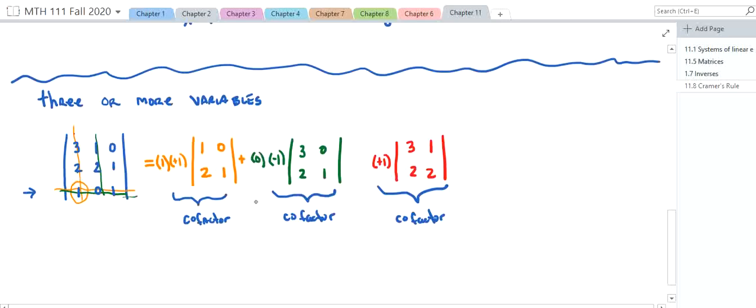So that's going to eliminate this whole thing. And then finally, when I do this one, and I have 3, 1, 2, 2 as the minor, I'm going to multiply this by 1. So in summary, what you do is you multiply these cofactors that you create by the element in the row or column that you are using to create the cofactor.